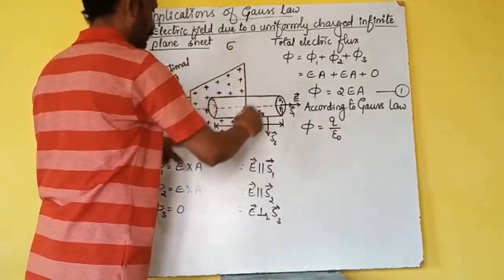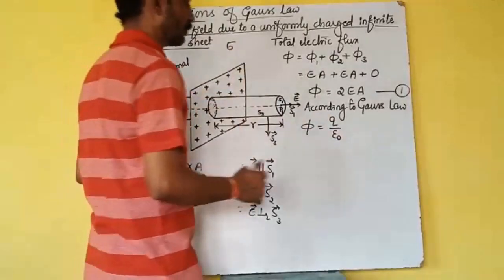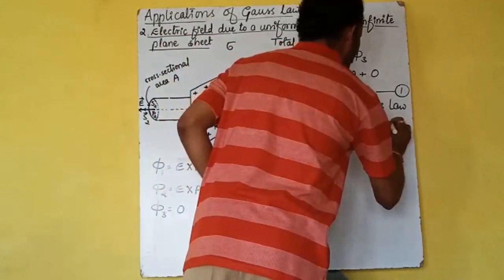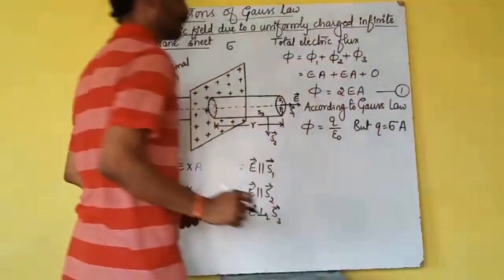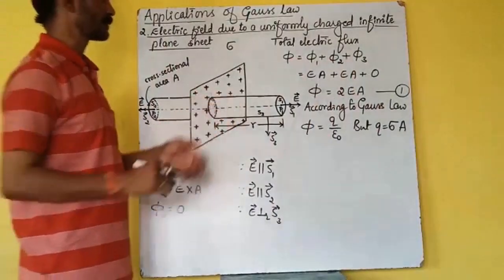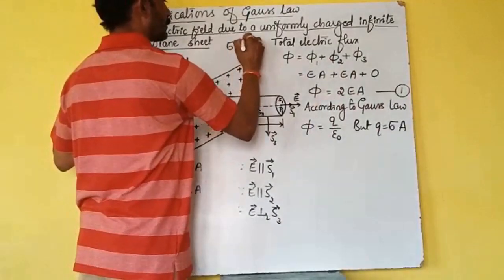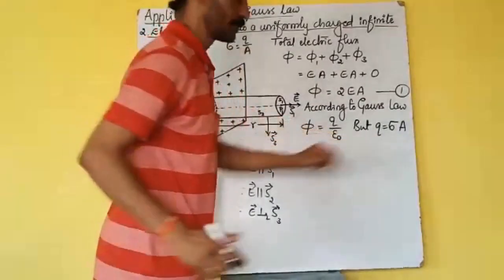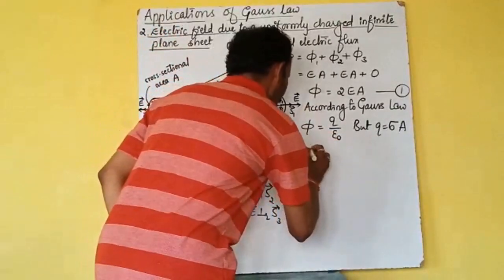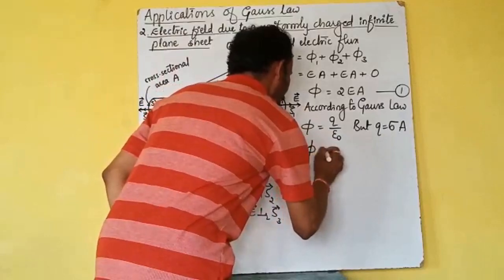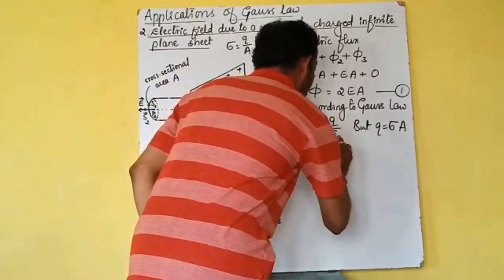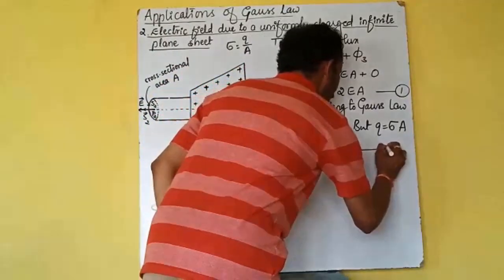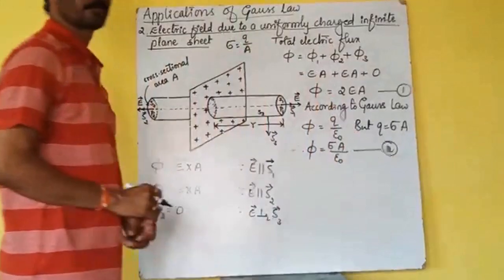The net charge enclosed by the plane sheet is Q, but Q equals sigma into A, because sigma is the surface charge density, which is given by Q divided by A. Therefore, Q equals sigma into A. Therefore, phi is equal to sigma A divided by epsilon naught. Take it as equation number 2.